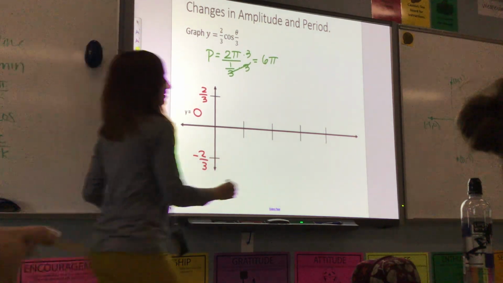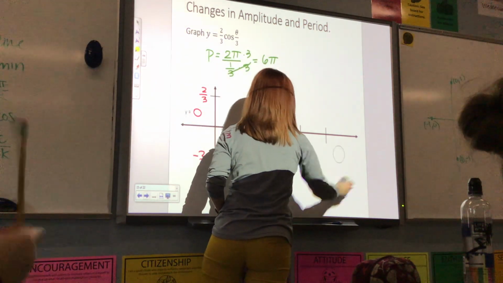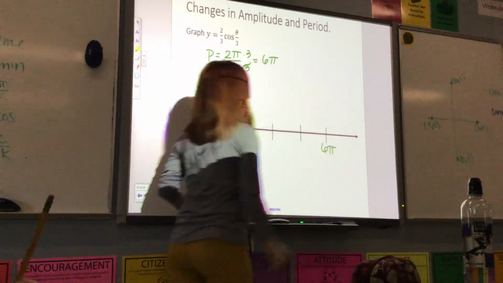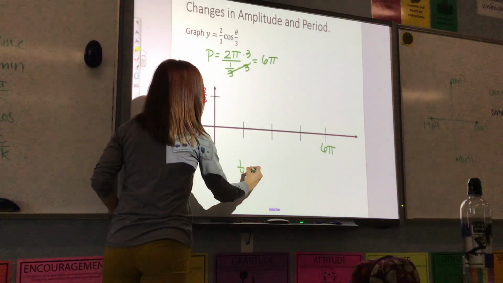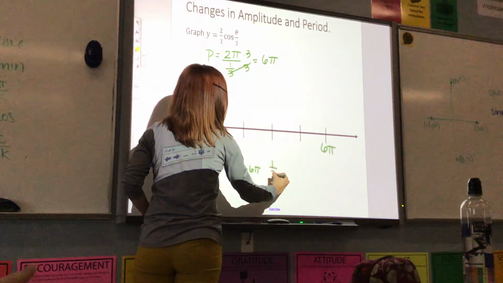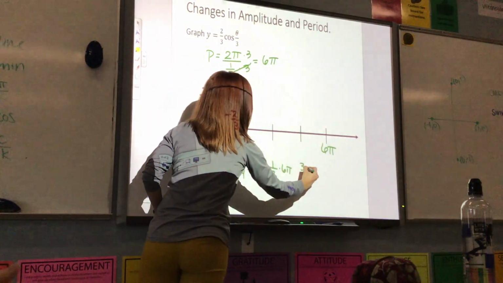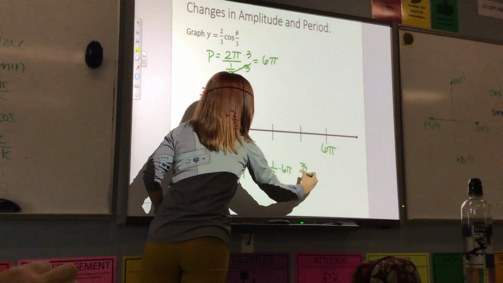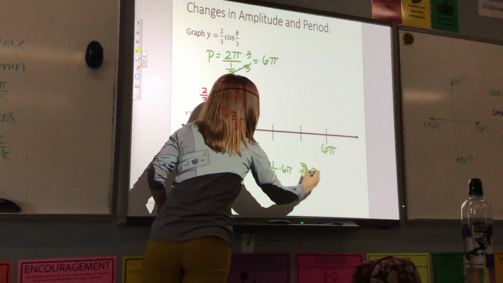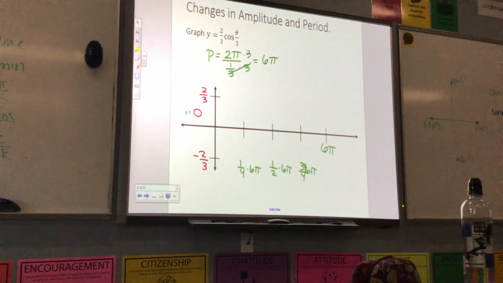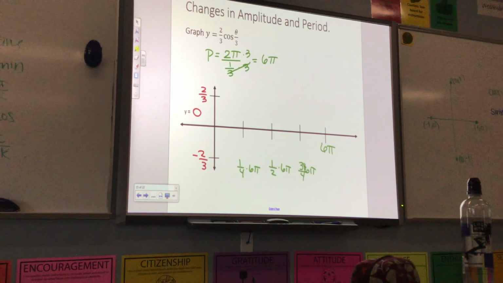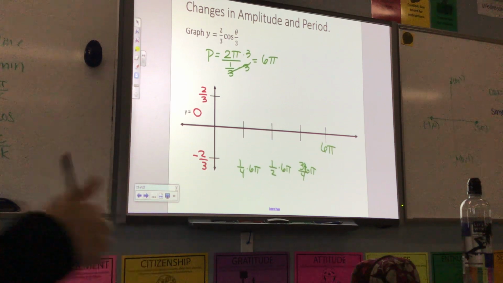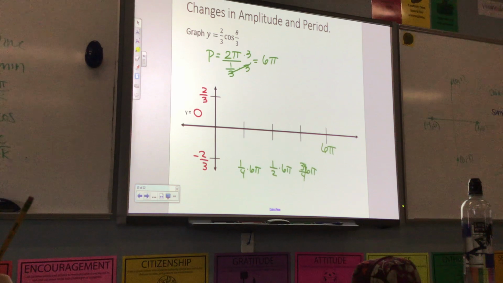And so whatever that is, that's your last mark. And then go through and do 1/4 of 6 pi, and 1/2 of 6 pi, and 3/4 of 6 pi, to get your tick marks. So again, you find your full one, and then you cut it into 4 evenly distributed parts.